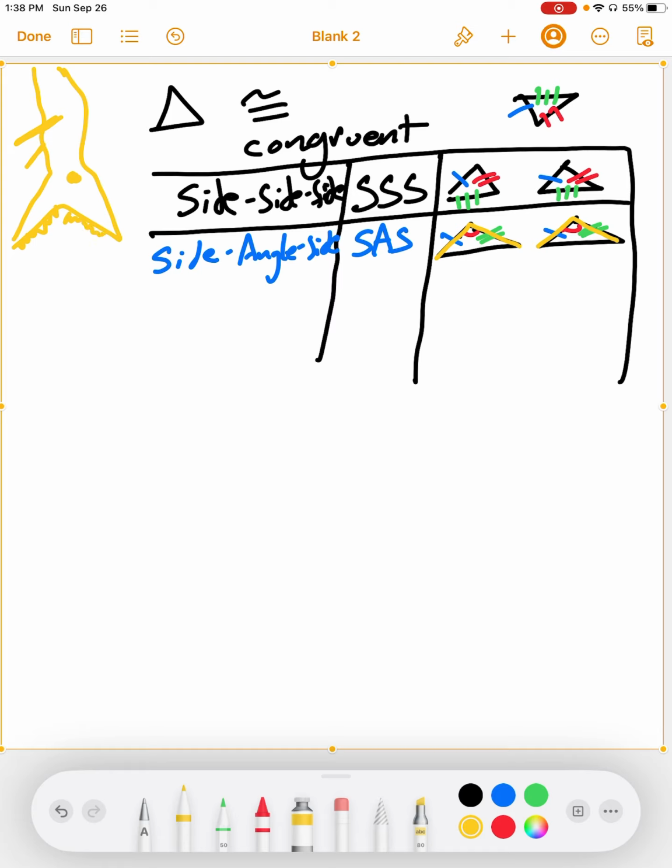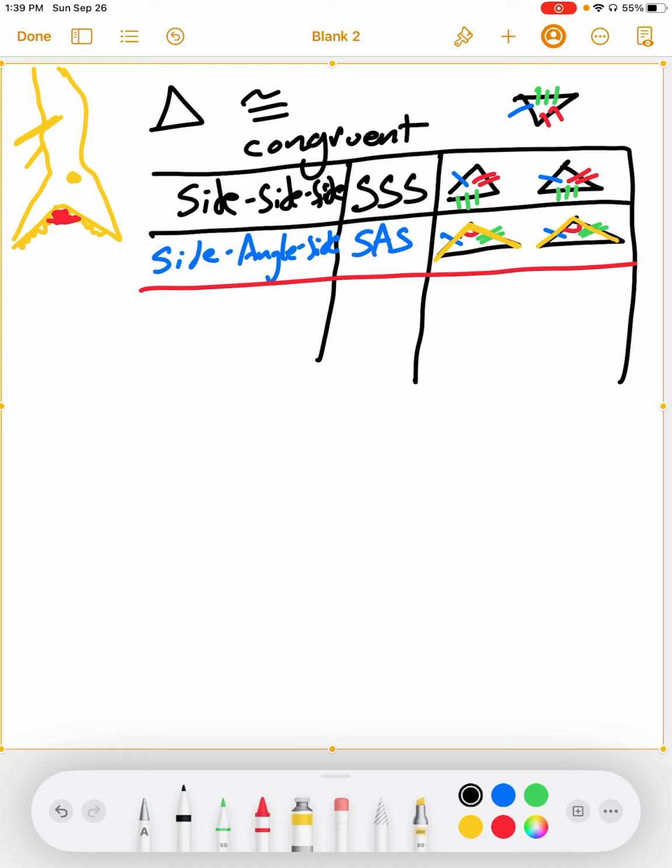Okay, and that angle has to be like the alligator's tongue. It's got to be in between the alligator's jaws. Okay, so real important, side, angle, side has to have side, the angle between, and then another side.